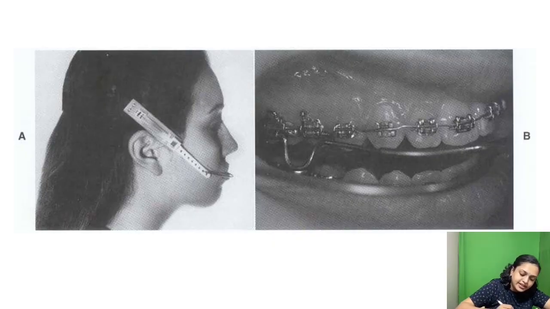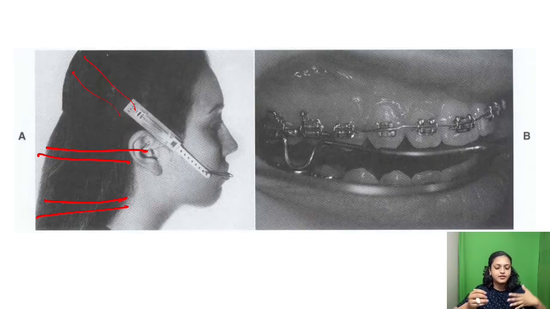So headgear can be of 3 types: cervical pull, high pull, or combi pull. All these 3 types of headgear can be used for distalization. Based on the position of the strap, cervical pull or high pull, the molar is going to intrude or extrude. We'll discuss the biomechanics later.